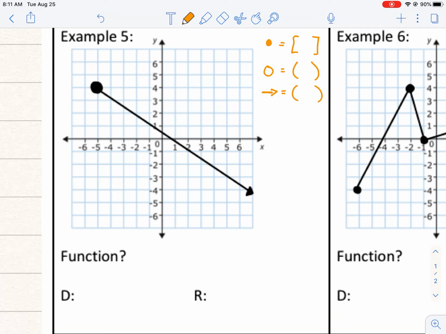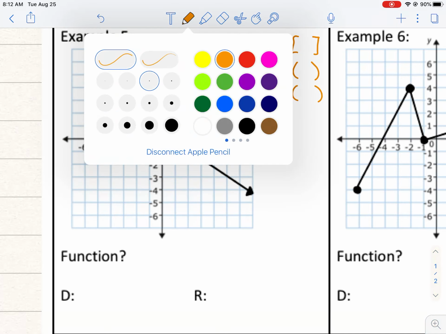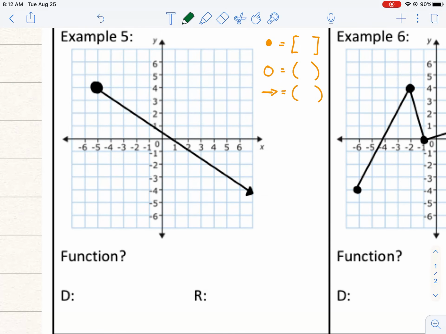So open circles and arrows tell us that we have parentheses here. Now, as far as our domain goes, it's my farthest left point, to my farthest right point. But if this is an arrow, it's telling me that I'm going to keep going this way. So I'm actually going to positive infinity there.